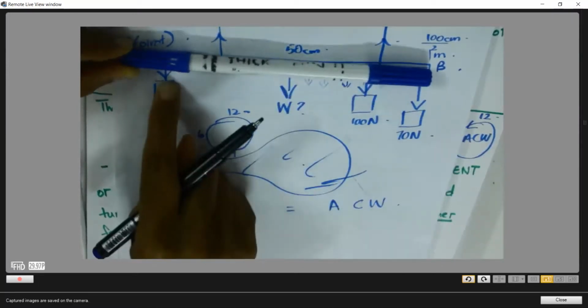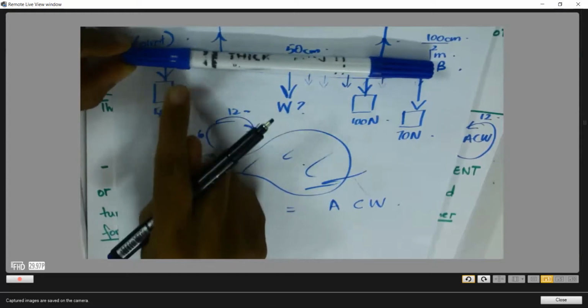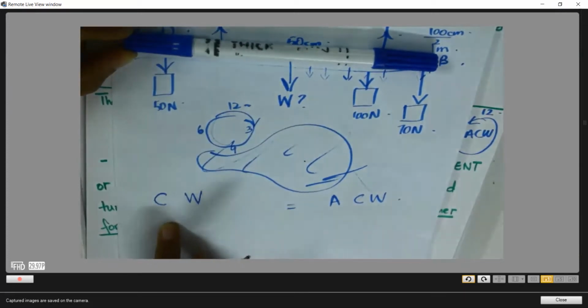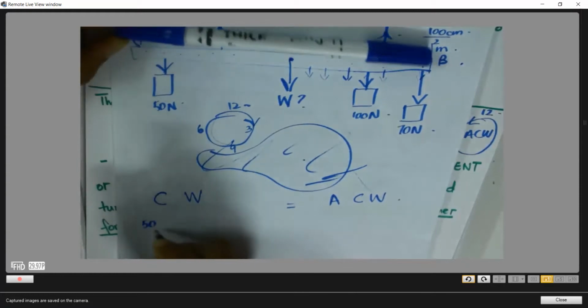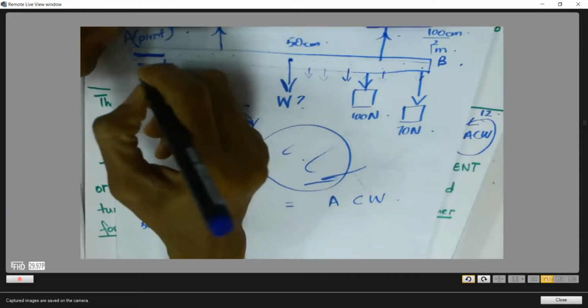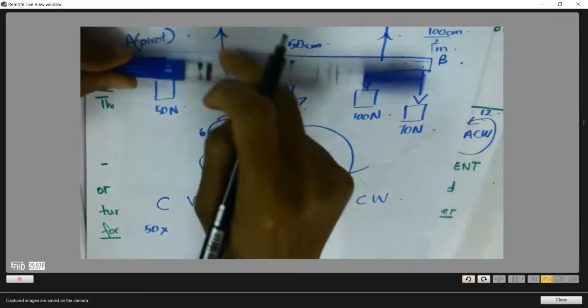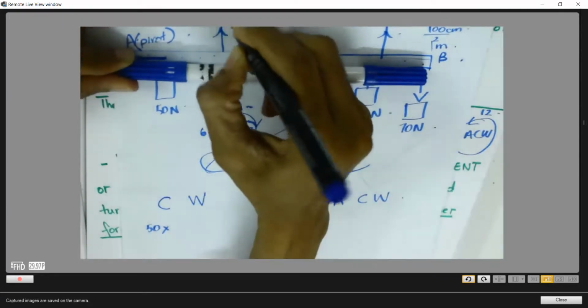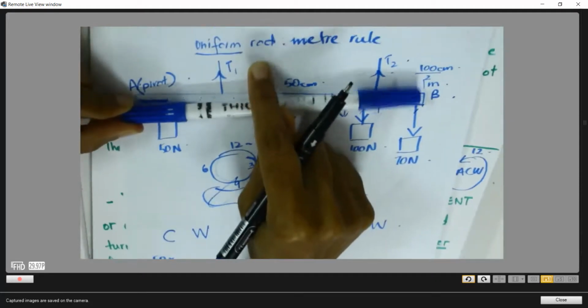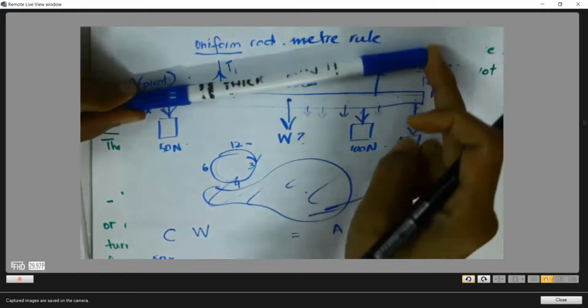So this force is causing a clockwise turning effect. So I will write this here, 50 multiplied by whatever the distance, okay? I'm just giving you an example. What is this force doing? For example, this is thread 1, this is thread 2. What is this doing here? This is moving the beam this way.